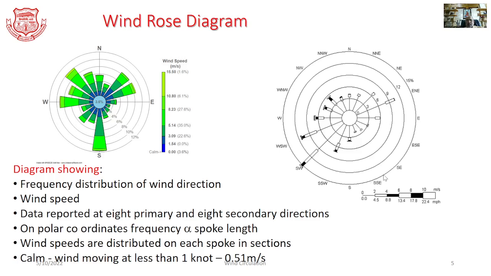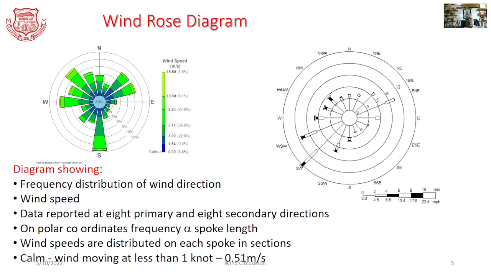This central region is telling us about the calm condition. So this calm condition is considered to be a situation during which the wind is moving at less than 1 knot, that is 0.51 meter per second.